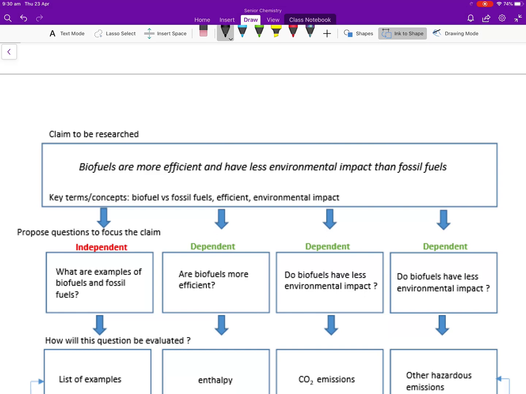You can't just write a question and answer that question, because you might find that you can't find data, it might be too complex, you can't find the right data set for the right question and so on.